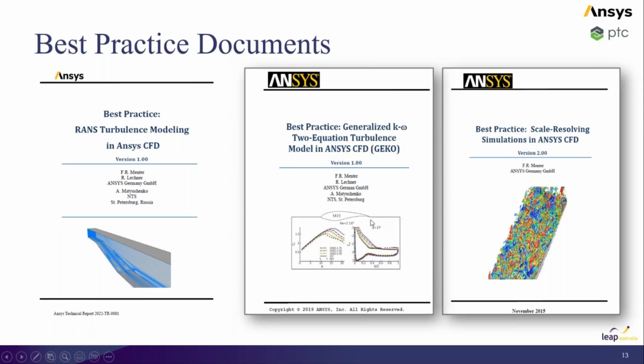One on the new Gecko model, which is really a single RANS model that can replicate the effect of many others and can be tuned in careful ways to get better results. And then a scale resolving document, which is a little bit old now, but it has some really good information in it. So I would encourage you to read those.